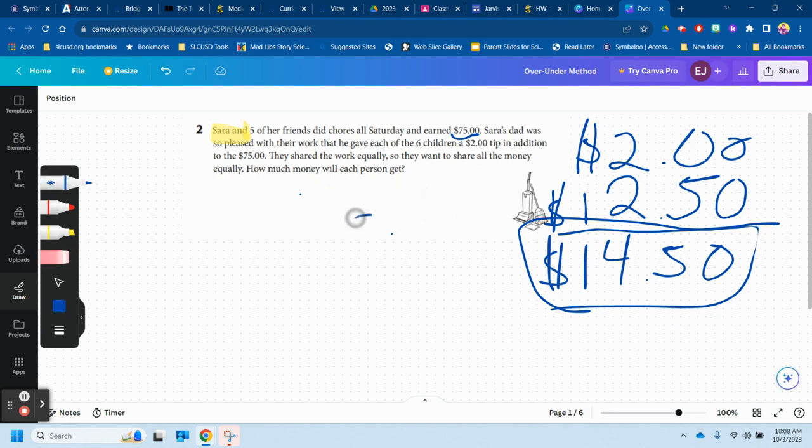Another way of looking at this is adding their whole tip to the total and dividing that among 6 people. So just a different way of doing it. Let's see if I still get $14.50.